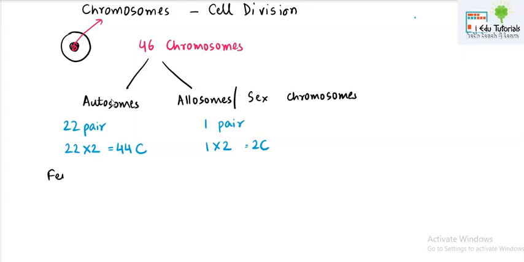Now if you talk about the female body, in each cell 44 chromosomes will act as autosomes, and they will have a pair of sex chromosomes which will be known as XX. So overall 44 chromosomes are already there, 2 sex chromosomes I have added, that means overall 46 chromosomes in a normal female.